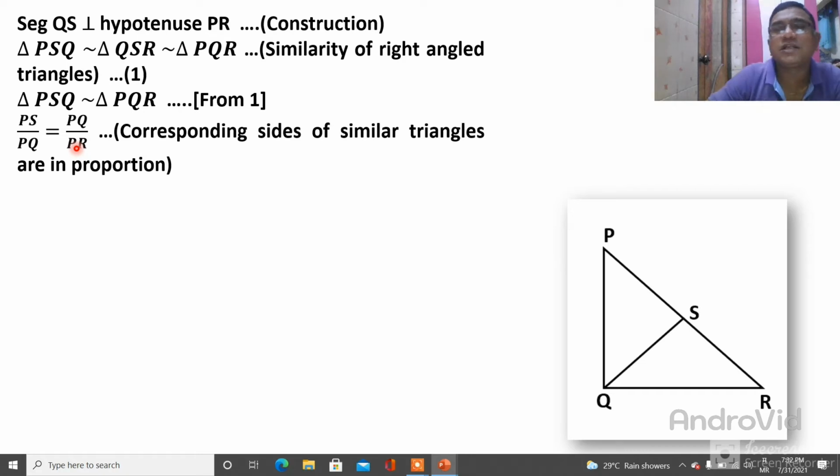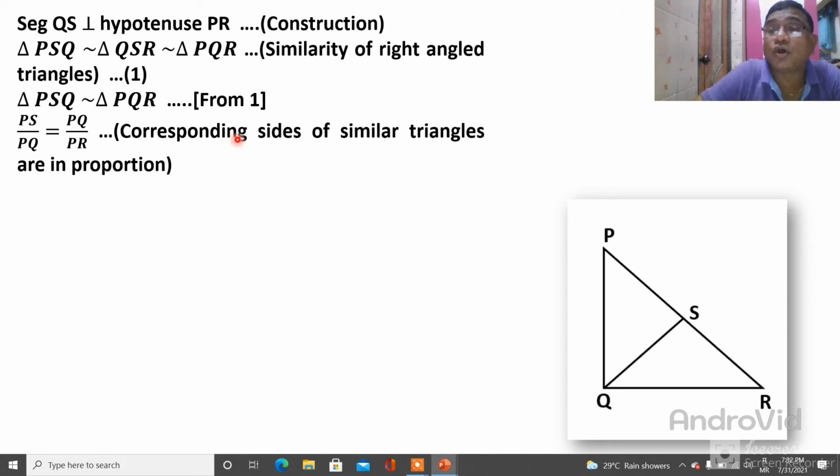So PS upon PQ is equal to PQ upon PR. Reason: corresponding sides of similar triangles are in equal proportions.